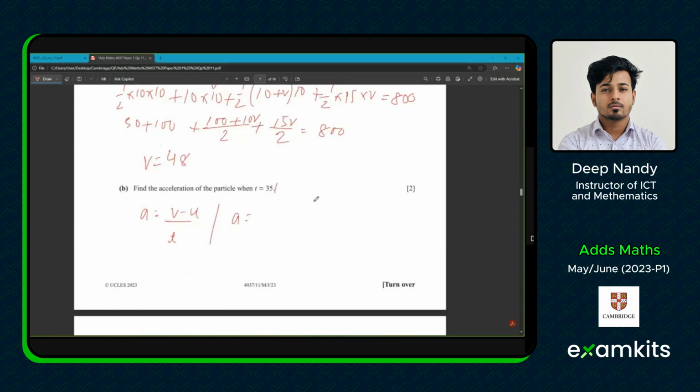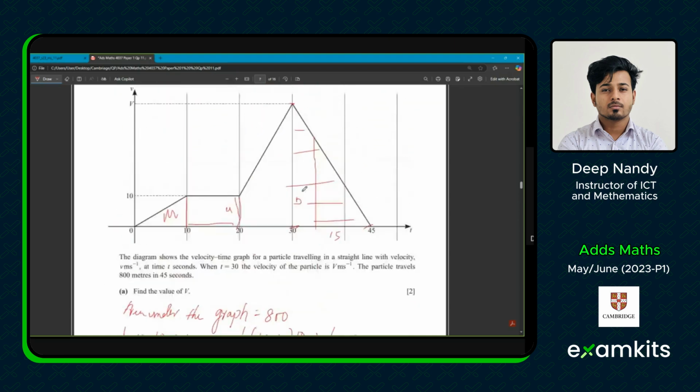As we know, the velocity initially is 48 and the final velocity is 0. So 48 divided by 15 equals 16 by 5, negative 16 by 5, because it's decelerating. From 35, the time is 15 seconds here, and the rate of deceleration from this point to this point is constant.